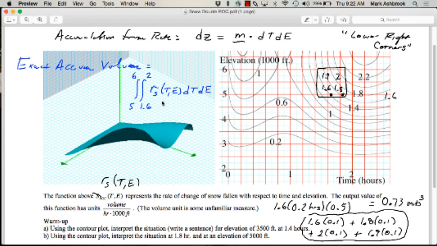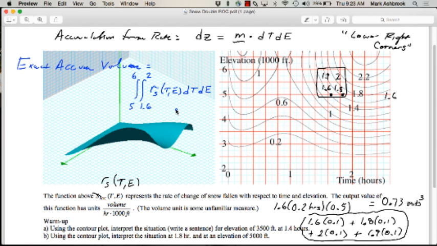Okay, we'll do some examples definitely today. If we actually want to crank out a number, then we would need this function. But what's going to happen is we're going to work our way inside out. We're going to take the antiderivative of this with respect to t. What does that mean for E? It's just like partial derivatives, but now we're doing partial antiderivatives. When you take the antiderivative with respect to t only, all the E's are just considered constants.